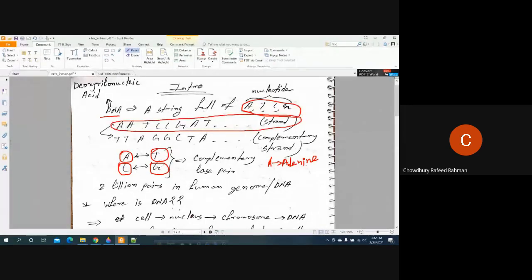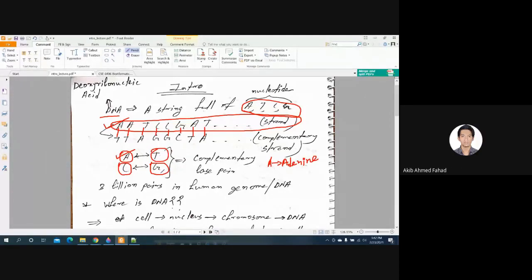We can automatically say that the second strand, the alternate strand, is AT, TA, CG, GC, AT, TA, because A's complementary base is T. Again AT, TA, because T's complementary is A. CG, C's complementary is G, and similarly G's complementary is C. That means if we know one of the strands, then we can automatically determine the other strand using this complementary base pair formula. So can we understand this thing?